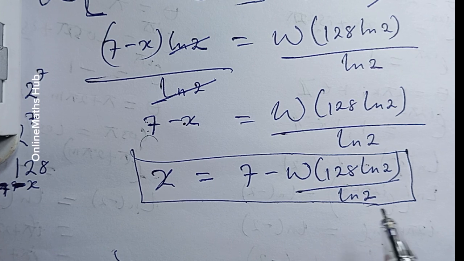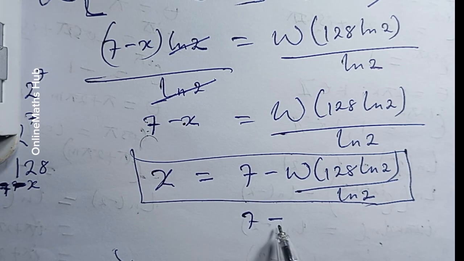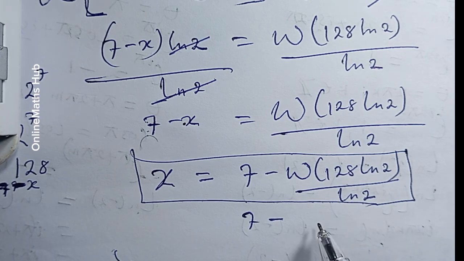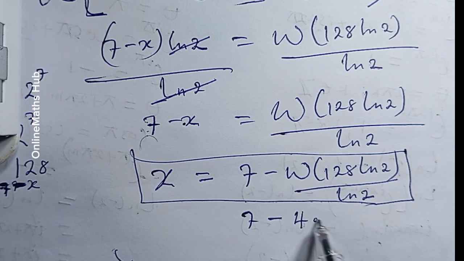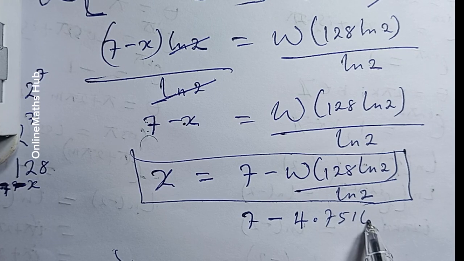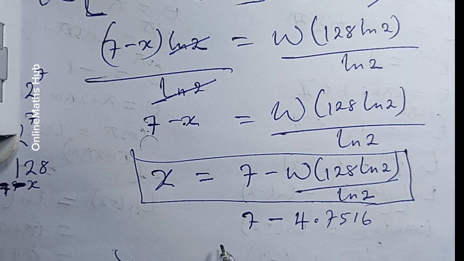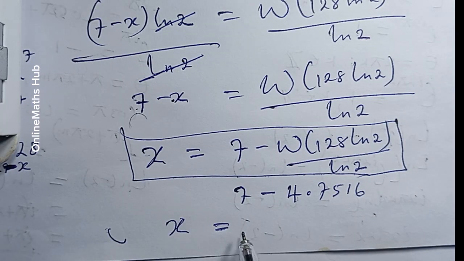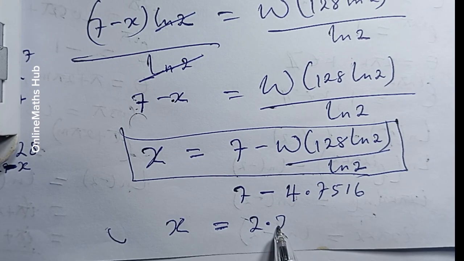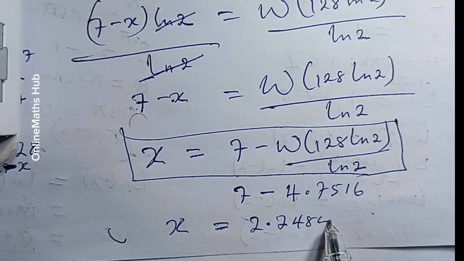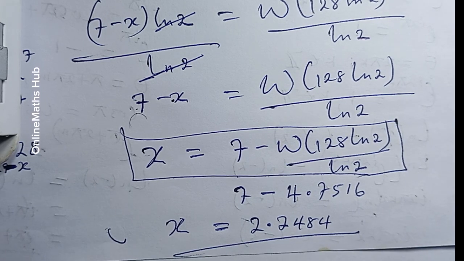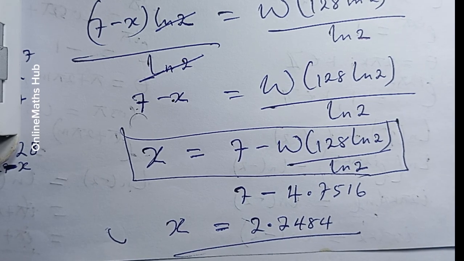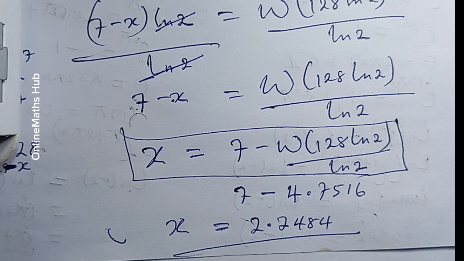If you go there to compute it, you're going to see that this stuff you see right here is 4.7516, and then of course when you subtract this, you're going to see that x is approximately equal to 2.2484. So this is the approximate value of x.